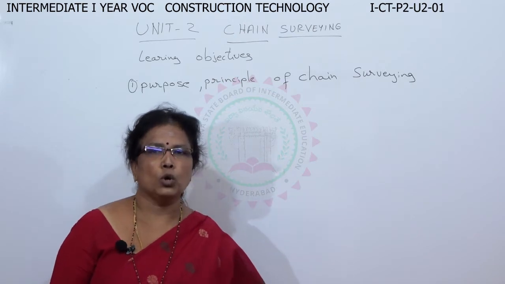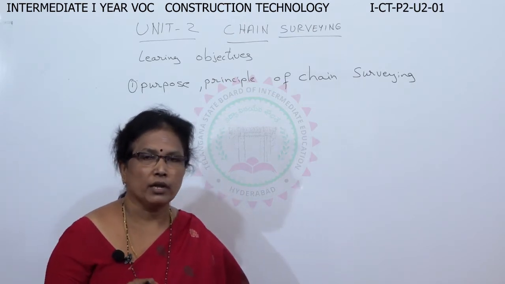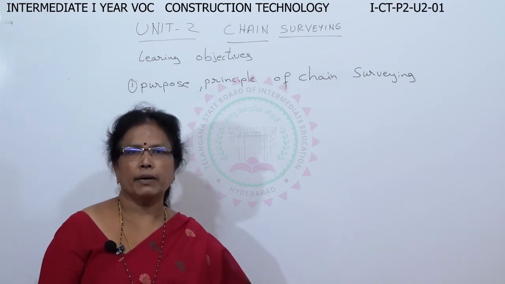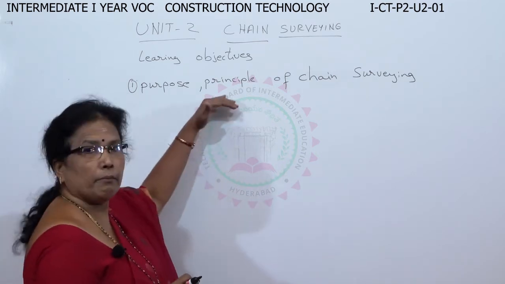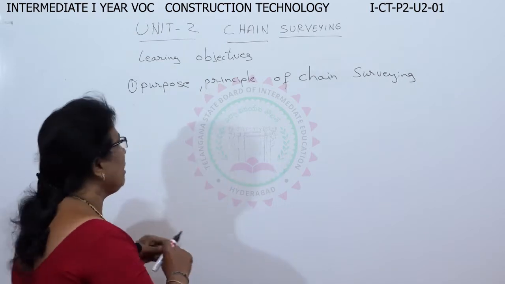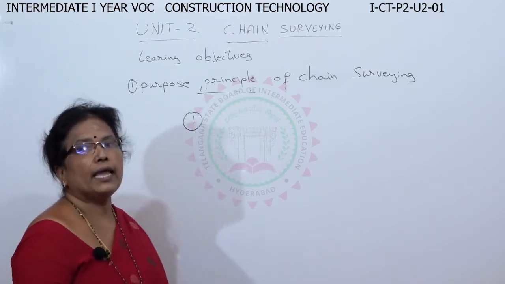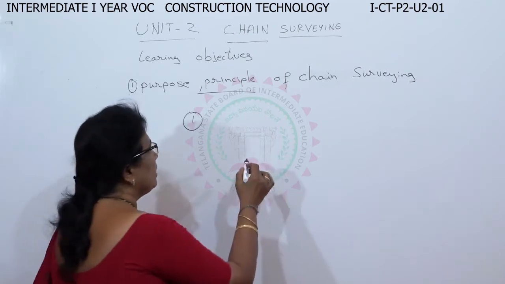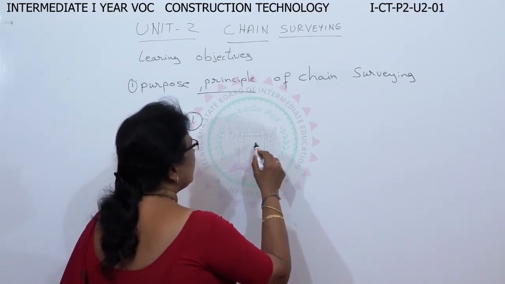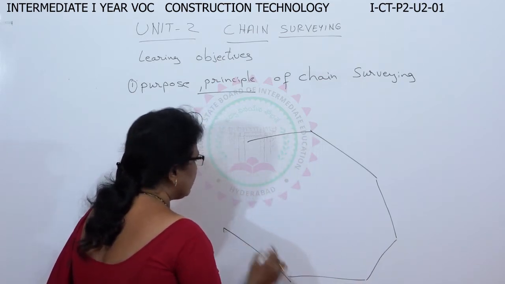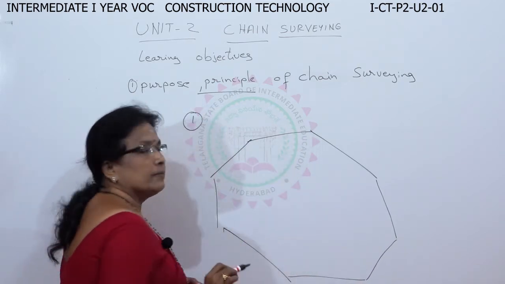The next principle is to locate a new station point with reference to two other fixed points. Those were the two fundamentals. So now here, in chain surveying, the main principle is to divide the area into small parts. Suppose, see, this is the area. You need to measure the distances and plot the area.